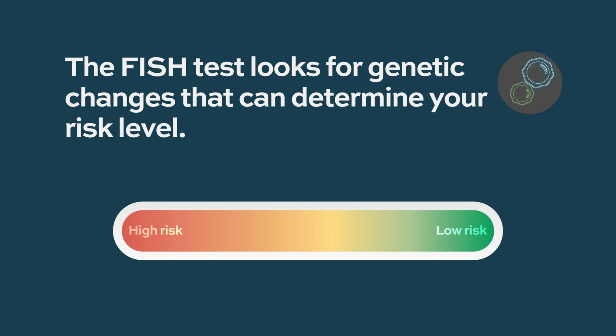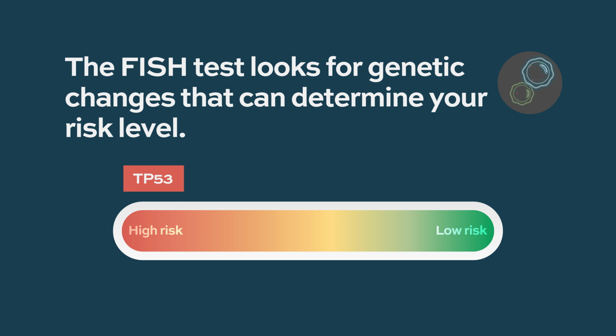There are risk stratification tests that are performed after the diagnosis is established. These include a panel of FISH tests, including looking for P53 deletion, which is the worst of the group.